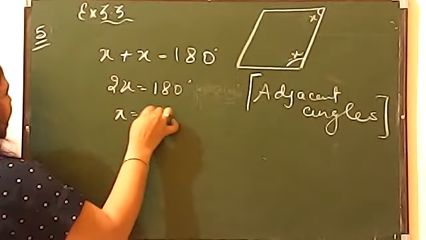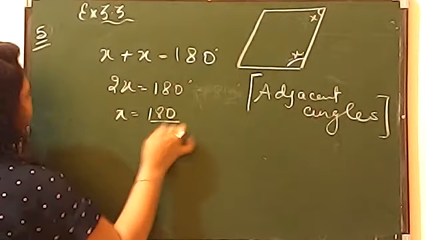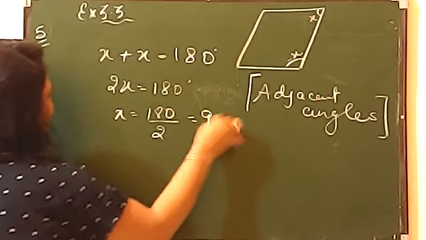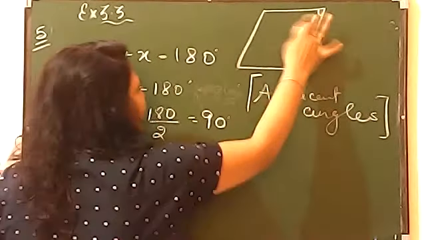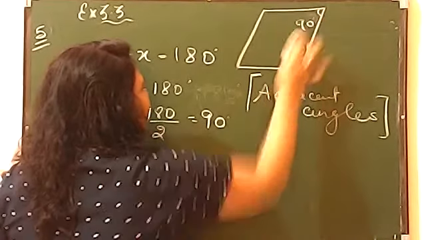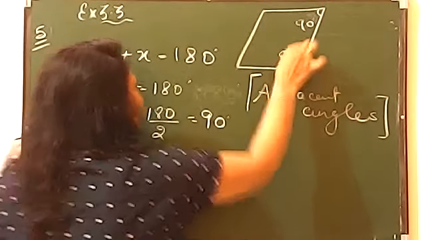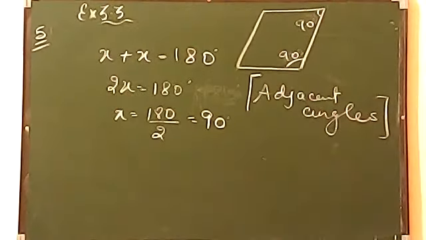X की वैल्यू हो जाएगी यहाँ पर 180 upon 2, means 90. So remember this will be 90 and this will also be 90. And now you know if this is 90, all the angles will be 90 only. Okay, finished now.